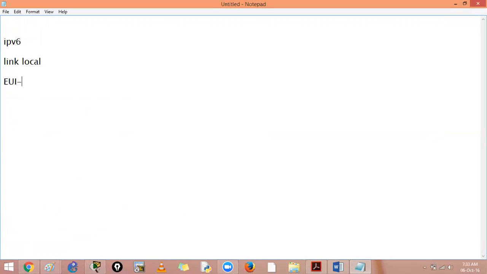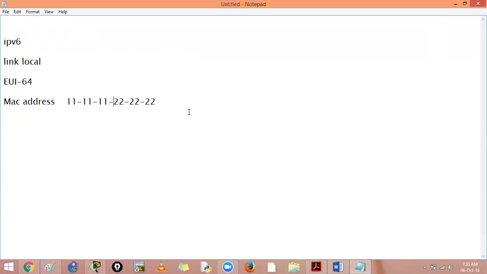It's called EUI-64. Simply, it will take the MAC address. The MAC address is globally unique on your adapter. Just think of your MAC address as 11-11-11 22-22-22. This is your universally unique MAC address.